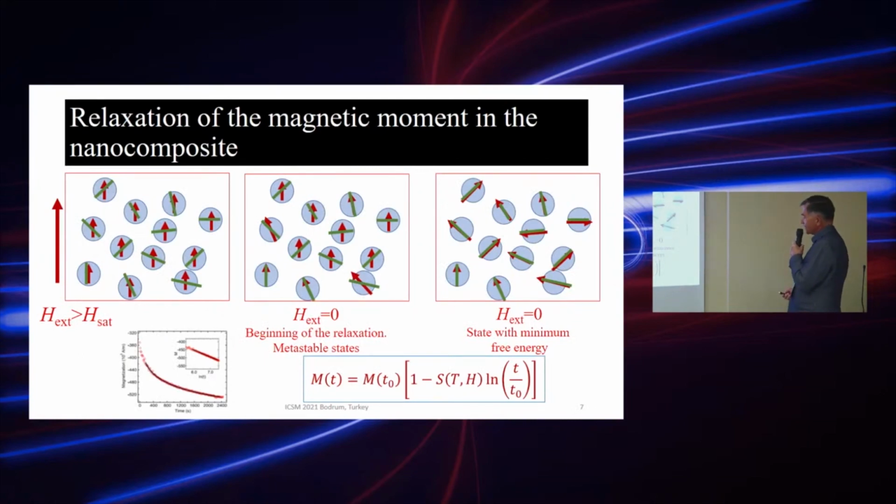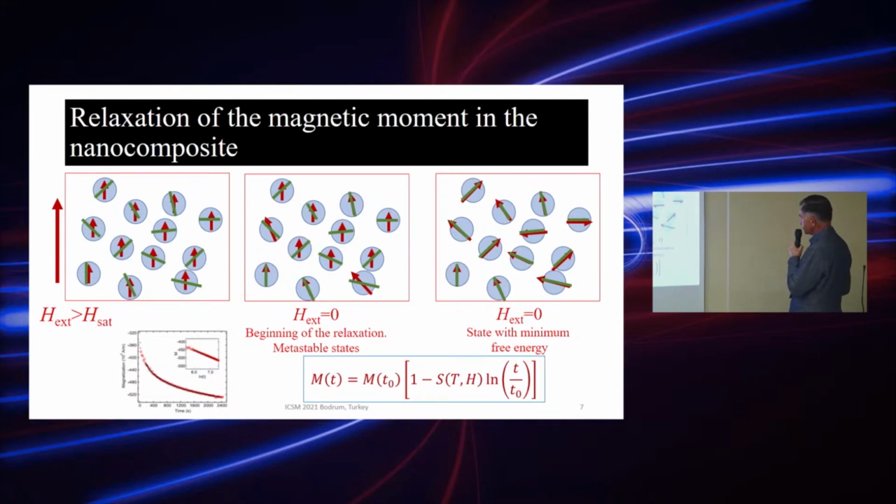But in a magnetic nanocomposite, if we deal with magnetically isolated nanoparticles, here by the red line I mark the easy axis, and when we apply a great external field, we magnetize it to saturation magnetization. After switching off, we have various processes of slow relaxation, and after some long period of time, it should look like this picture.